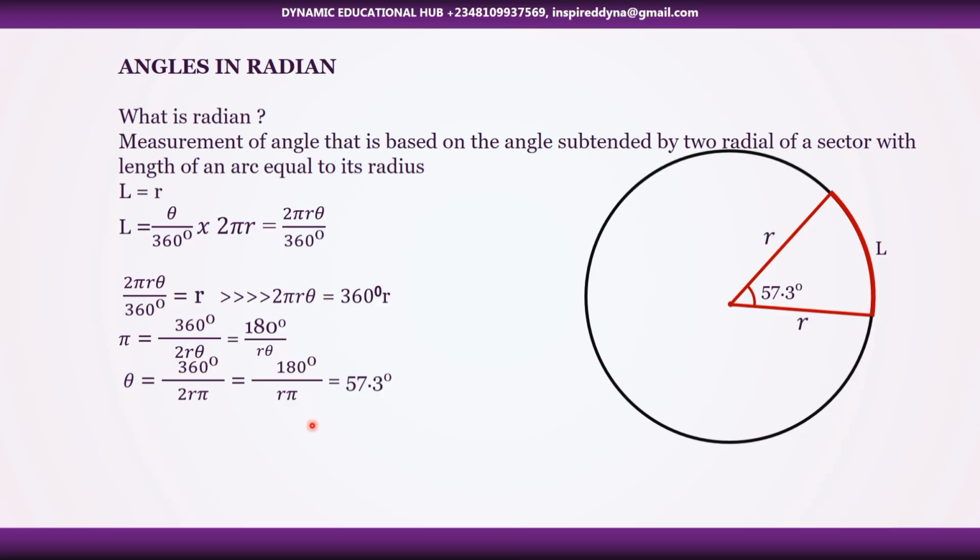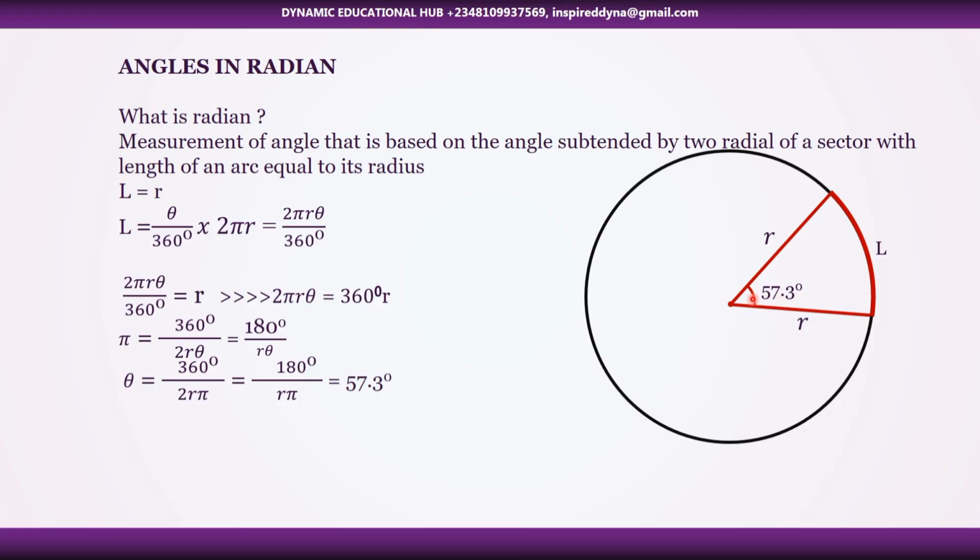Now go ahead and substitute the value of pi into this equation. 180 degrees divided by pi, you can press your calculator, we are going to get approximately 57.3 degrees. Or you divide 180 by 3.143, the value of pi, you are going to get 57.3 degrees. That is how we get this angle.